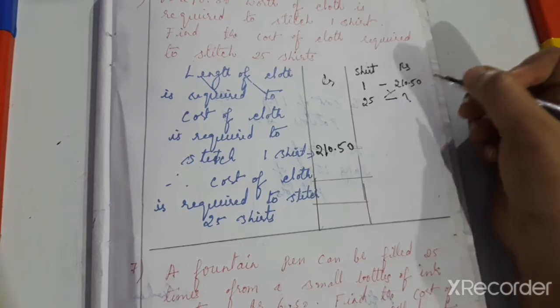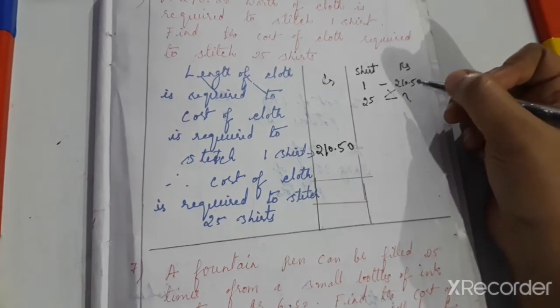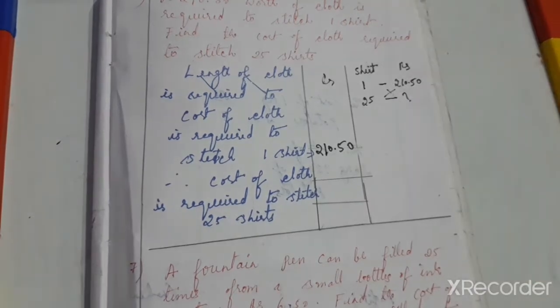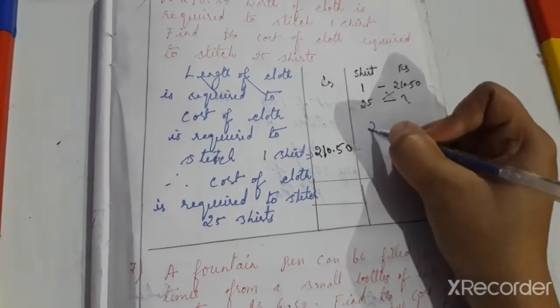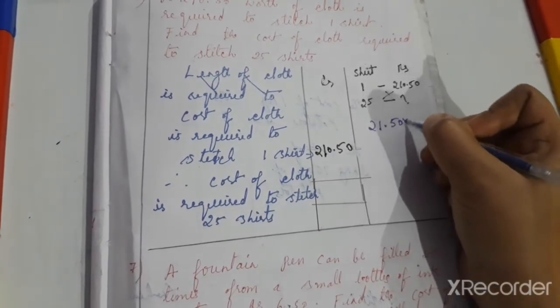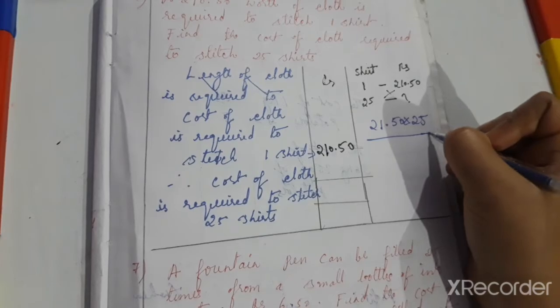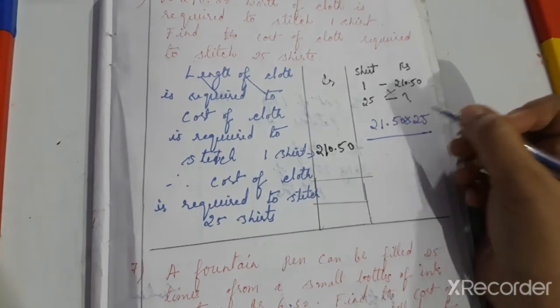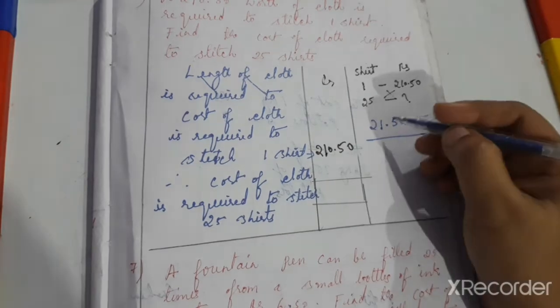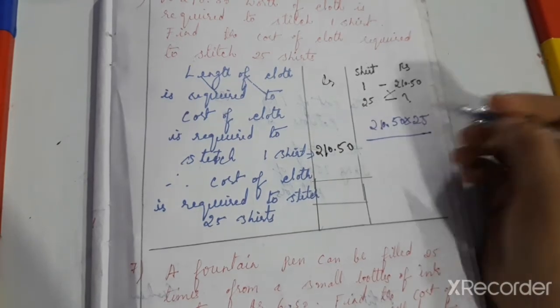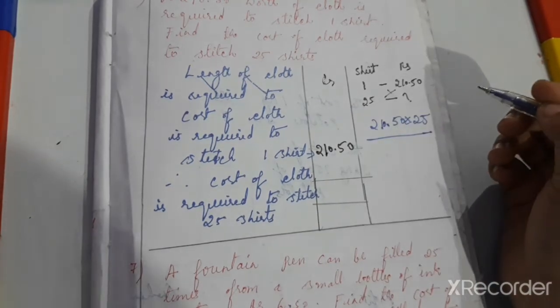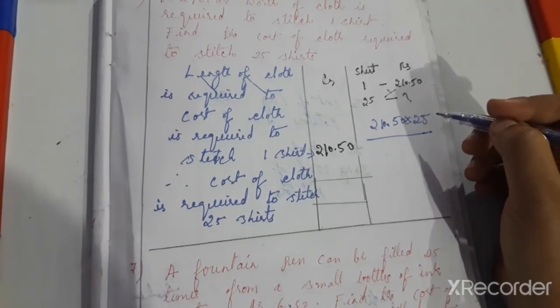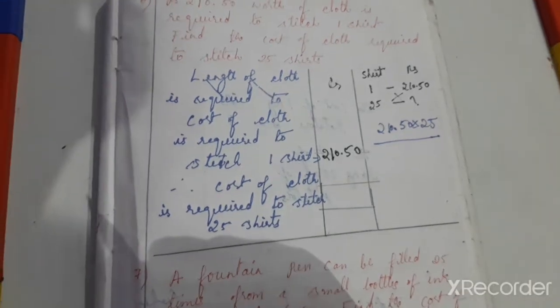Cross multiplication means multiplication. So 210.50 into 25, that we have to multiply.